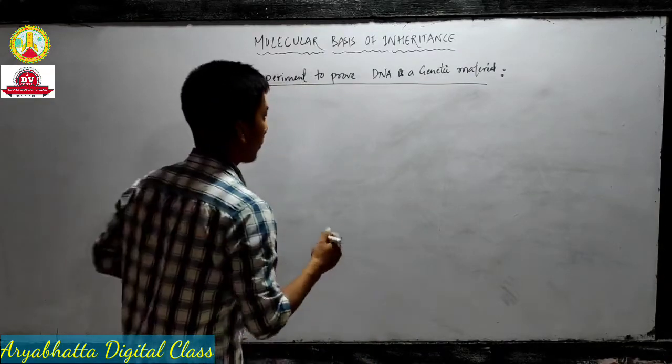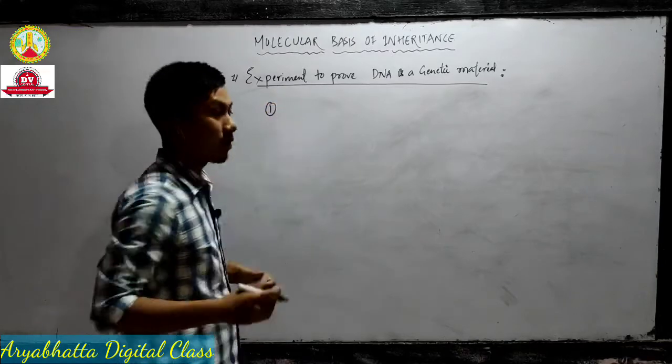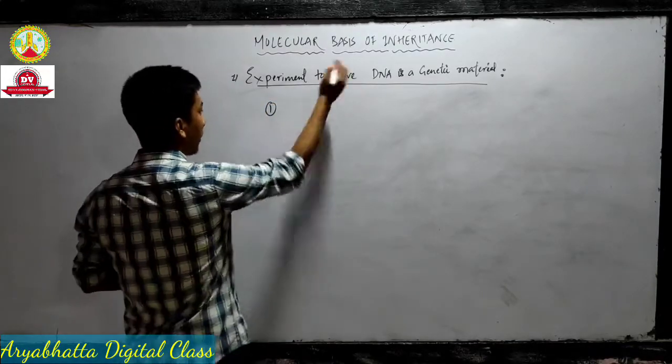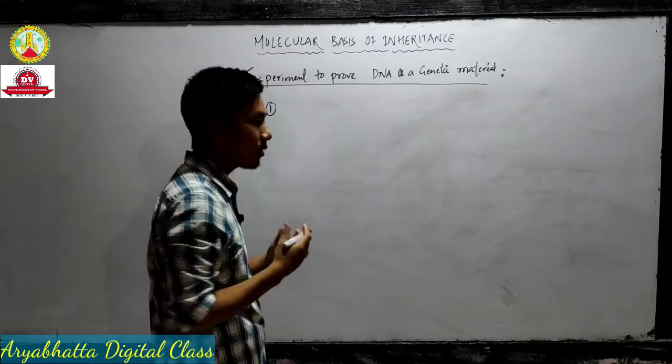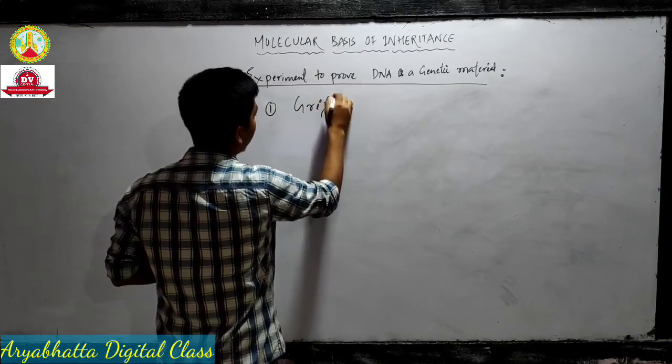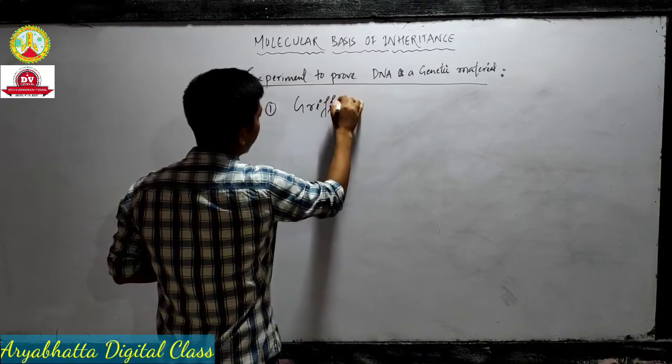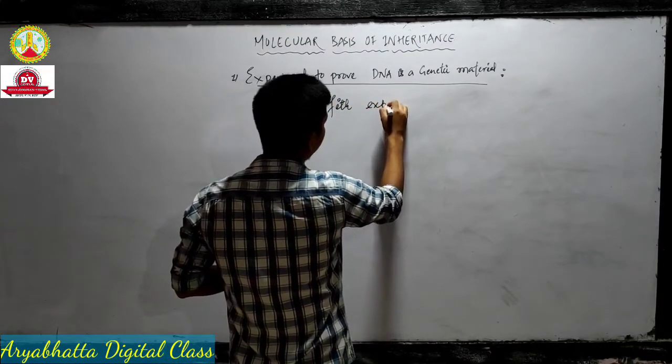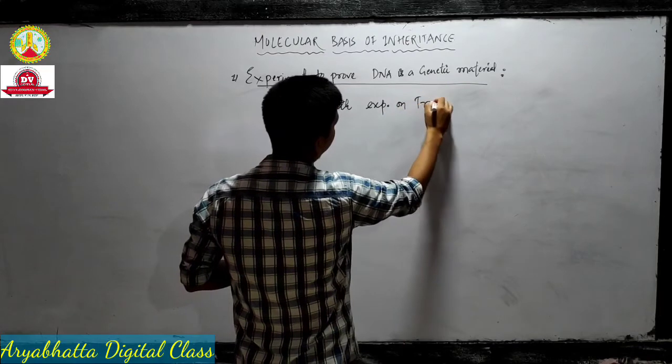The first experiment was done by Griffith. The experiment is known as Griffith experiment on transformation.